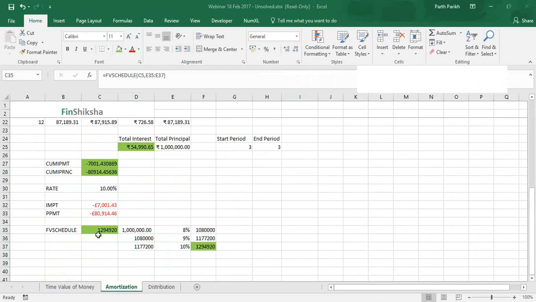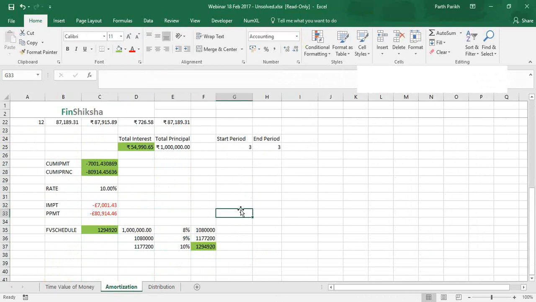FV schedule basically means my investment which grows at a different rate in each period. So if my investment of 10 lakhs is growing at 8% in the first year, then 9% in the second year, then 10% in the third year, what is my cumulative output?